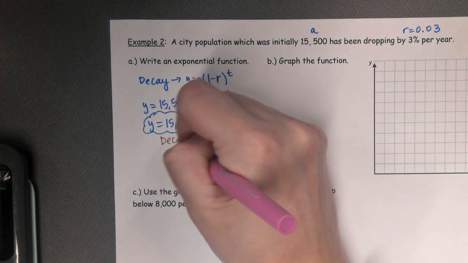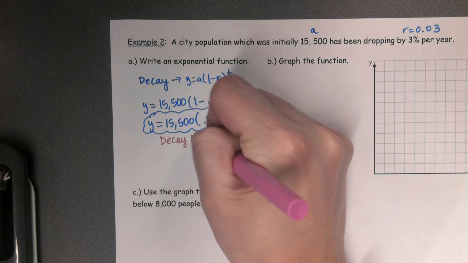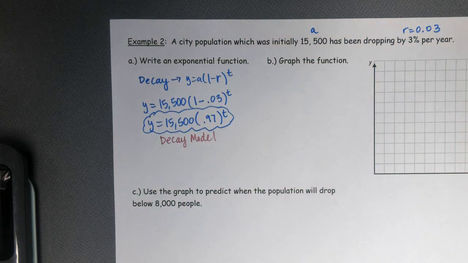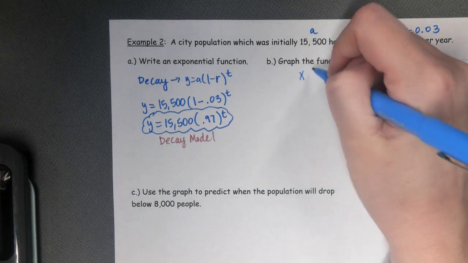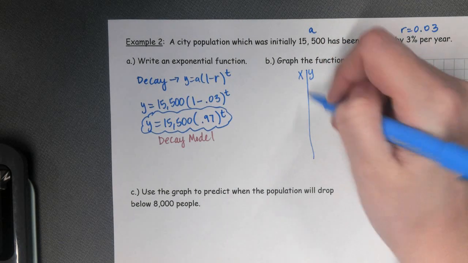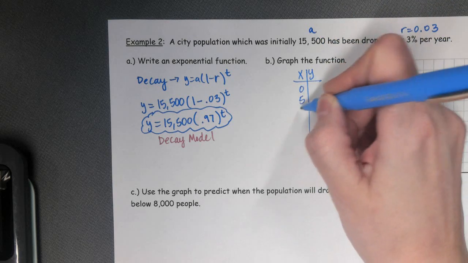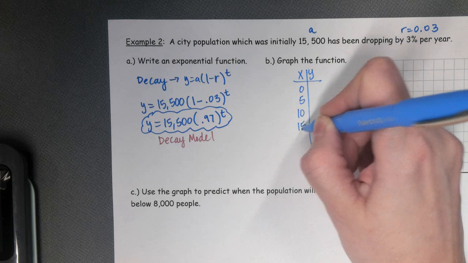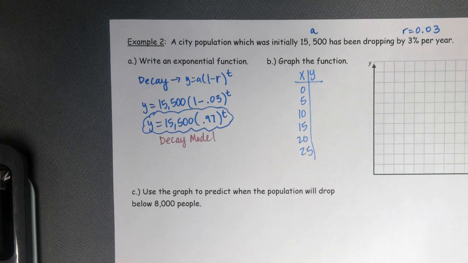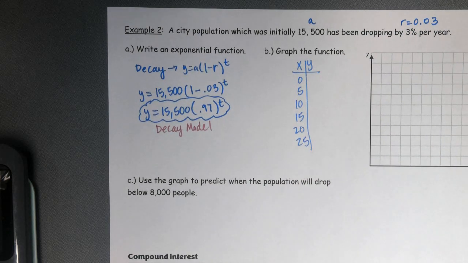So when you guys plug this in, and you looked at your values for X, you already had it going by 5s. How did that look? Okay, so let's do that again. Okay, and then like I said, if they don't tell you what to go by, you can choose.